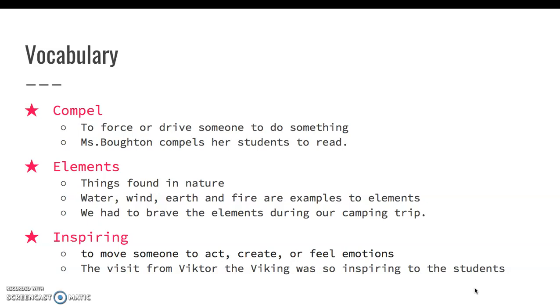And that caused you all to participate in the Stop Bullying, as well as agreeing to prevent and stop any bullying within our school. So that visit was inspiring because it caused you to feel that bullying was not a good thing and we didn't want it in our school. And then you all chose to act by agreeing to stop any bullying and prevent it from happening in our school.